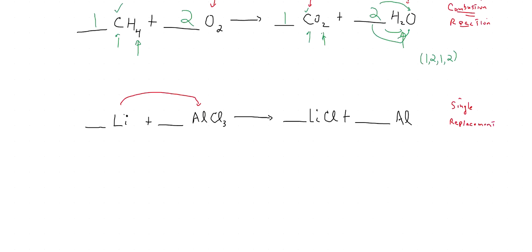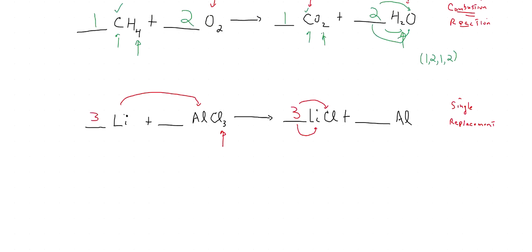This is not easy. But the first thing I'll try, all right, again, I'm just trying. I see three chlorines here. So if I put a 3 here, now I have 3 chlorines. So that's good. Now chlorine is matched. But you see, now I have 3 lithiums, right? So if I put a 3 here, now lithium's good.